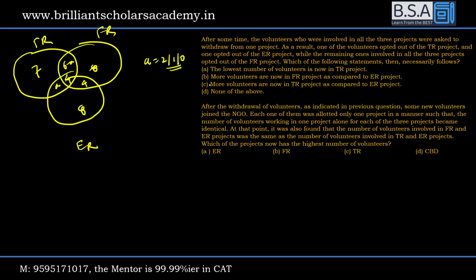After some time, volunteers who were involved in all 3 projects were asked to withdraw from one project. As a result, one volunteer opted out of TR. जो central लोग हैं, people who are part of all 3, उनसे कह रहे हैं तुमको एक project छोड़ना पड़ेगा. तो they will become part of the other 2. एक बंदे ने TR छोड़ दिया.